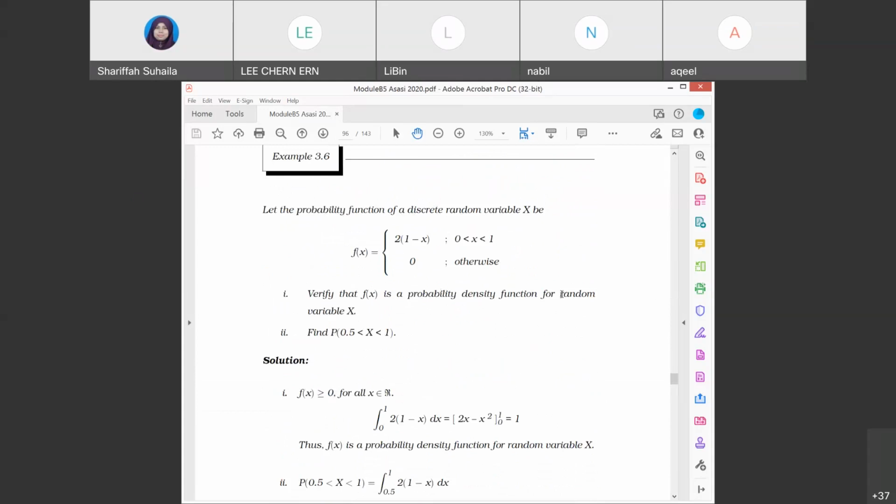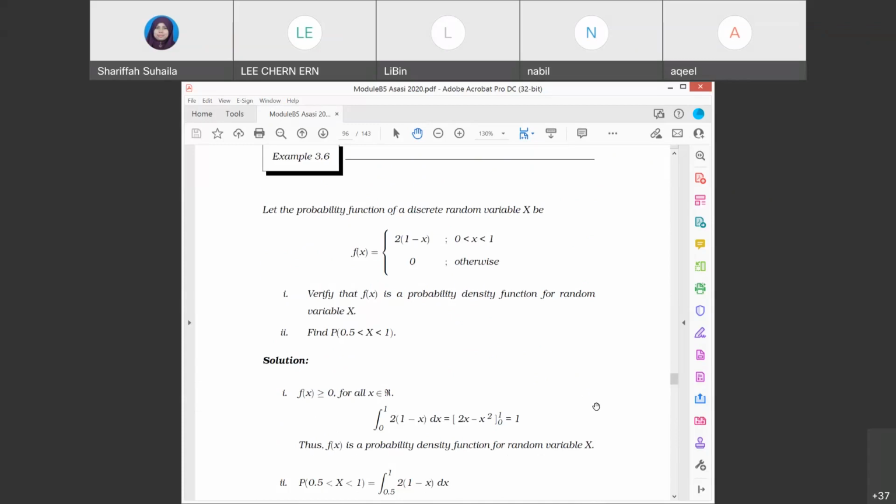So what you need to do is your fx must be greater or equal to 0. Okay, kita punya function tu sentiasa positif. Okay, you need to write that one. Second, you need to integrate from 0 up to 1, your density function. Okay, so make sure once you integrate, you will get 1. So then you can state that this one is a probability density function for random variable x.